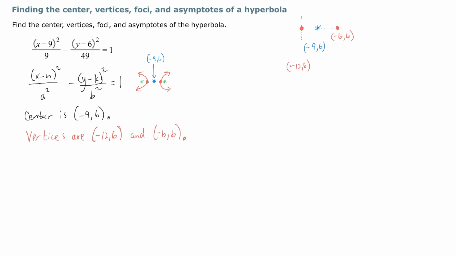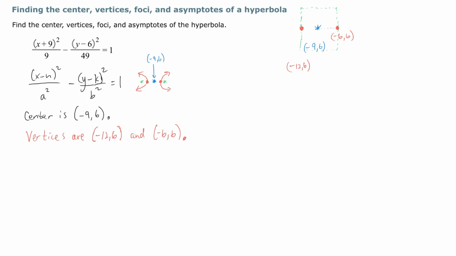Well, with every hyperbola, there's this little rectangular box where it's 2a units wide and 2b units tall. So why don't we locate another ordered pair here? Let's locate this ordered pair.